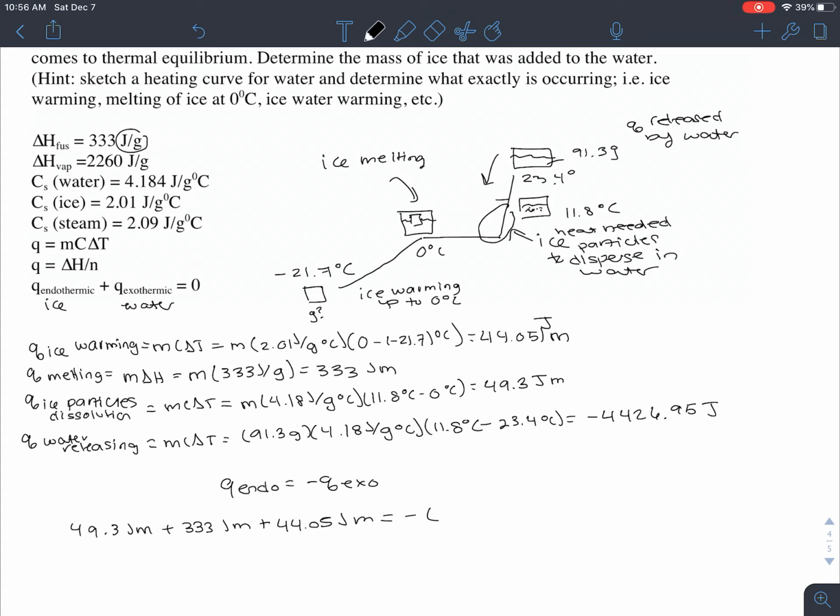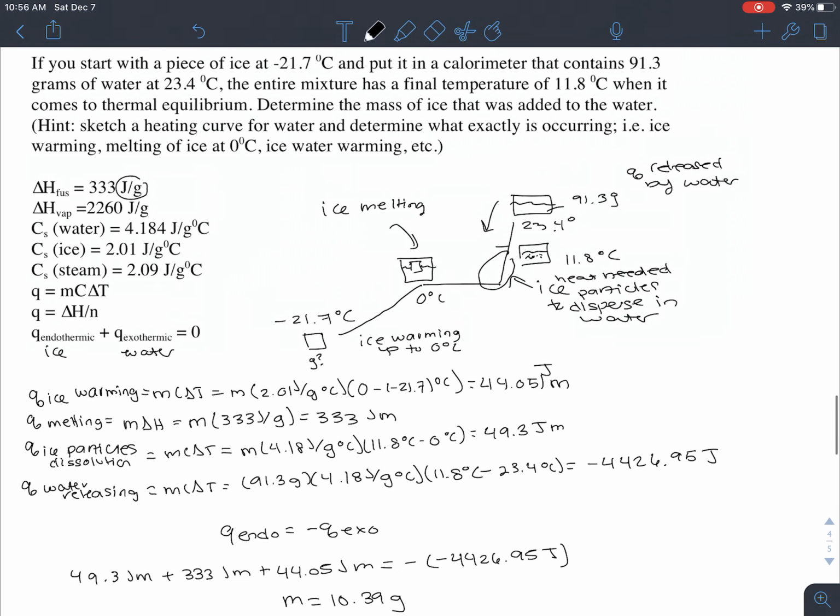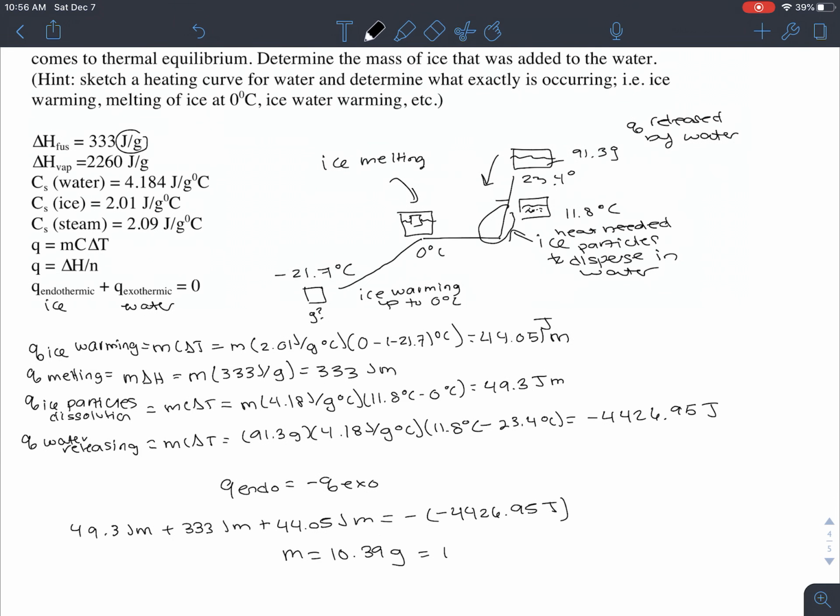You keep that negative sign because that's part of the equation. Negative, and then you plug your exothermic heat in, negative 4,426.95 joules. And then you just solve for the mass. Mass of the ice is equal to 10.39 grams. We wanted around 3 sig figs, so I would say 10.4 grams of ice.